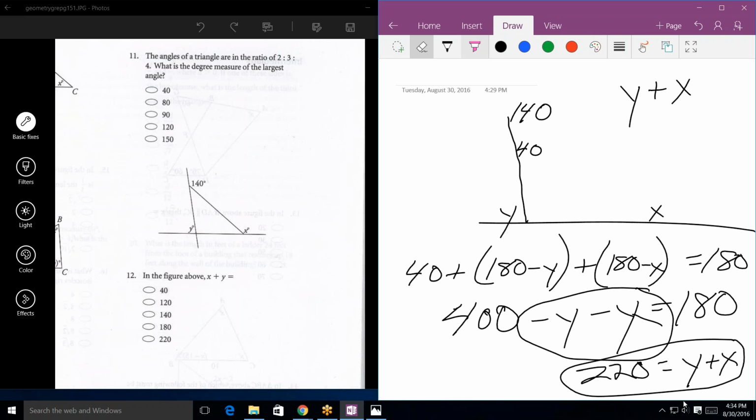True. But if they added up to 180, then. But what really was important was what their sum was. In other words, their sum is 220 always, which means that these two angles merely have to add up to 140 in any combination you want.